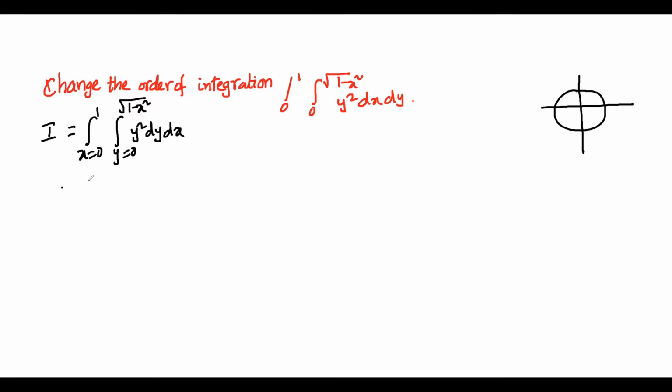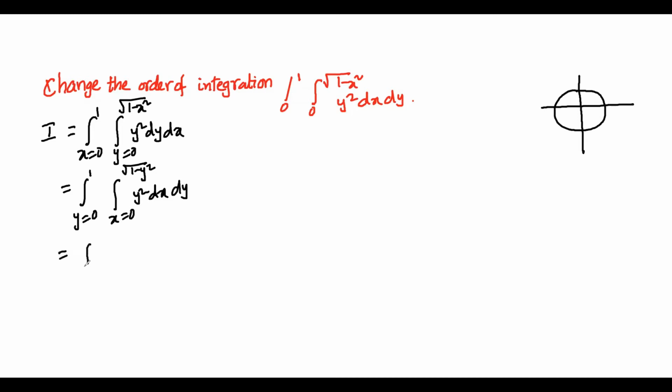Fine. That is equal to integral y is equal to 0 to 1, integral x is equal to 0 to square root of 1 minus y square, y square into dx dy.